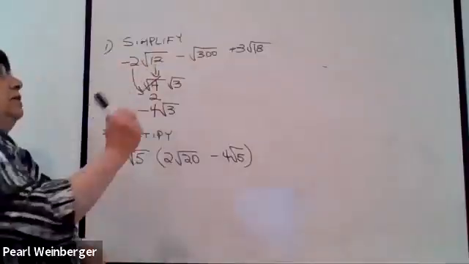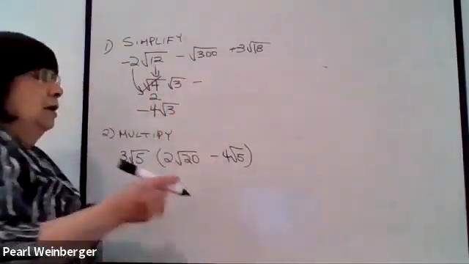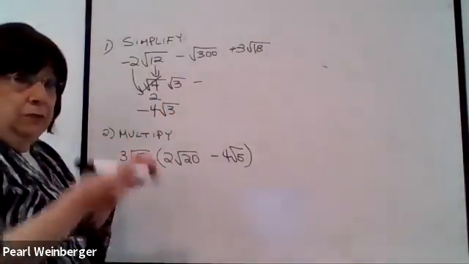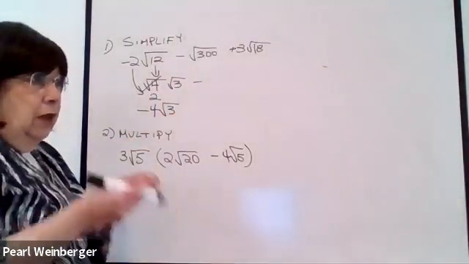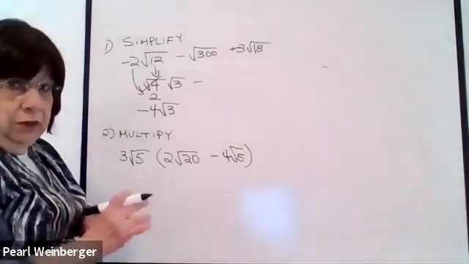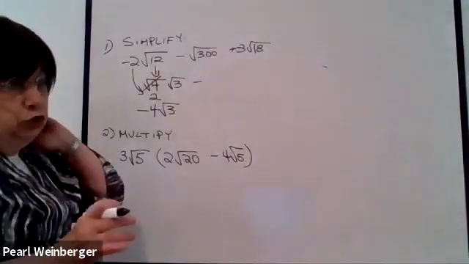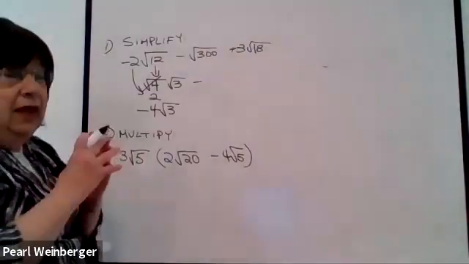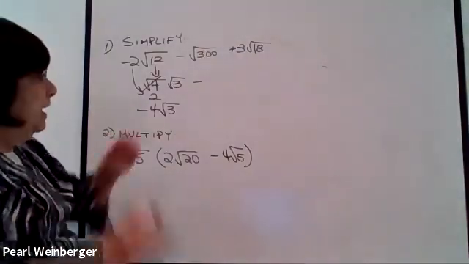So I look at the next thing I have, which is a 300. Again, I'm thinking of numbers that multiply to 300, and one of them has to be a perfect square. Sometimes there's more than one choice, but you always want to pick as big a perfect square as you can.